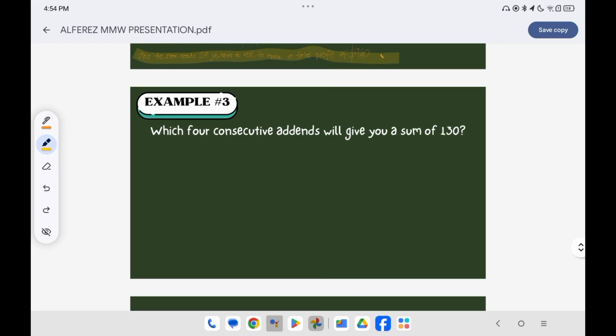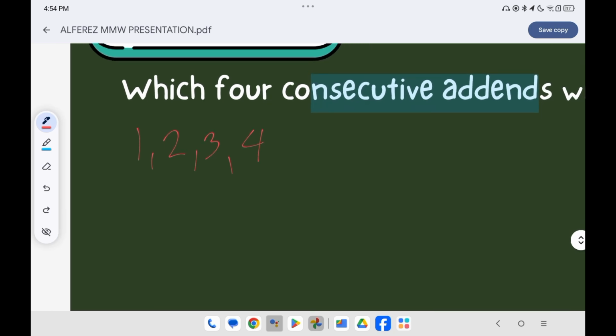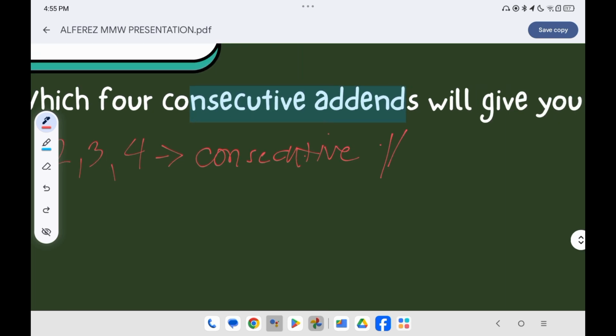Which 4 consecutive addends will give you a sum of 130? So, the problem asks us about consecutive numbers. When we say consecutive numbers, class, it refers to numbers in order like 1, 2, 3, 4. That is called consecutive numbers.